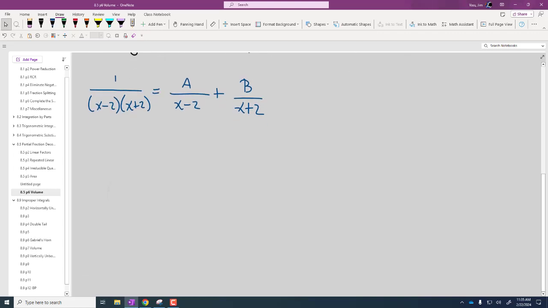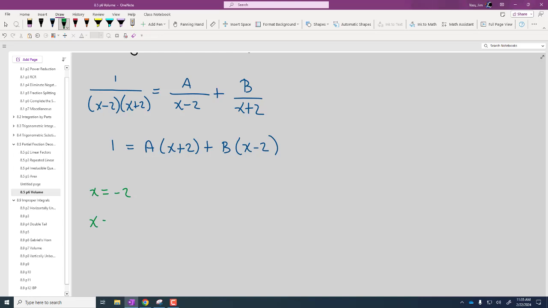Then we multiply both sides by the left's denominator. So we get that. Clearly, we're going to use convenient values because both are linear. Convenient values work really well for linear factors. What's the first convenient value? 2 and -2, either order, yep.